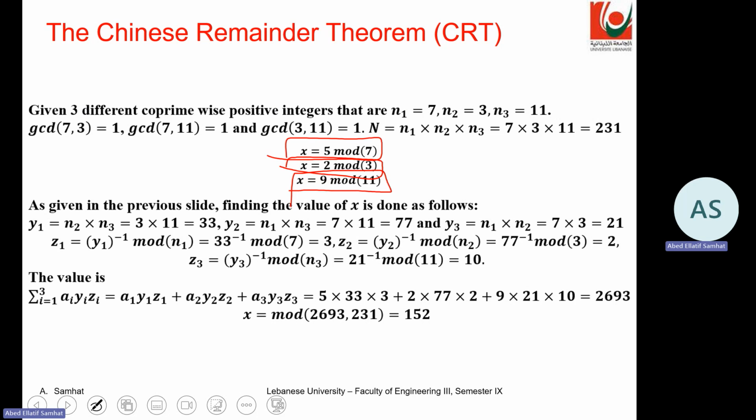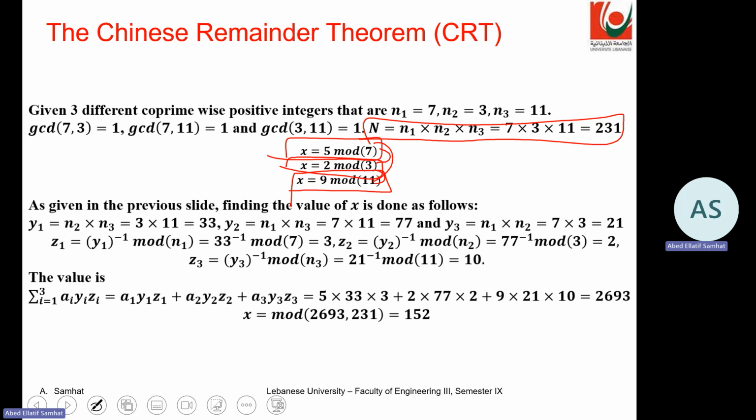We can see that 7 and 3 are coprime, 3 and 11 are coprime, and 7 and 11 are coprime. So following the Chinese remainder theorem, this has a unique solution, found modulo n1 times n2 times n3, which is 231.